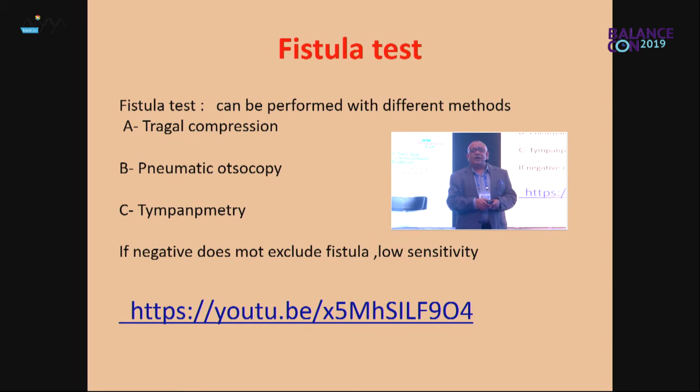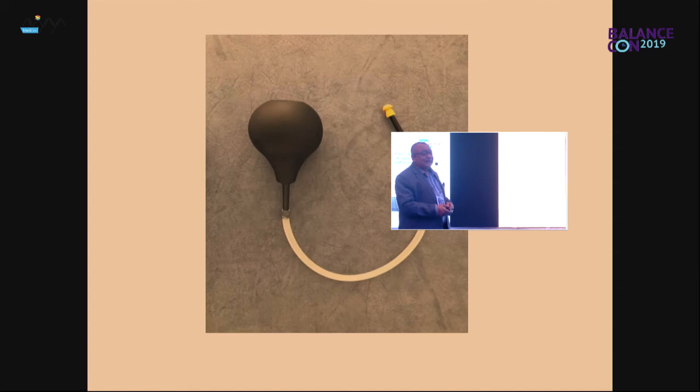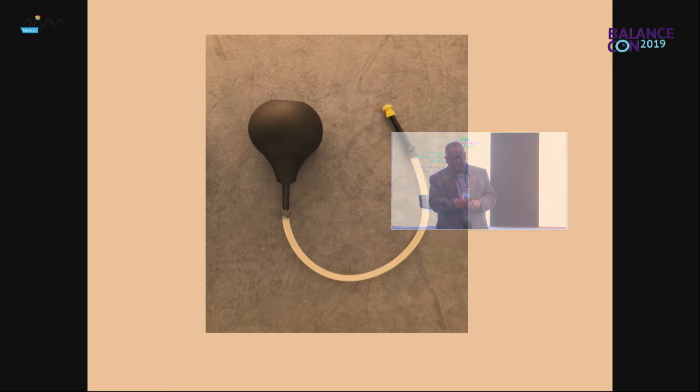And it's not uncommon that perilymphatic fistula presents just with a position-induced nystagmus. This is a modification: he put the tympanometry tip in the tube with an air pump, just to generate more pressure with a sealed end.